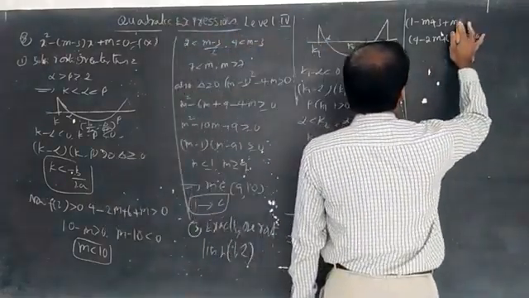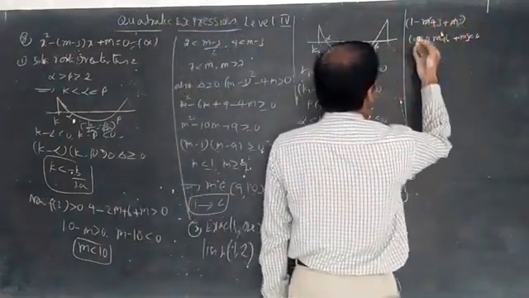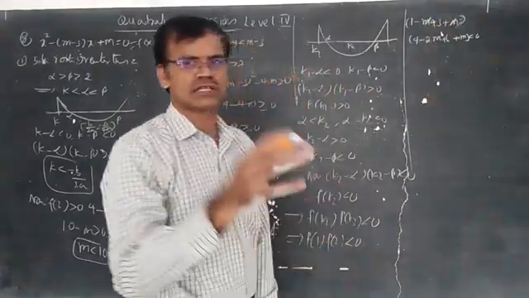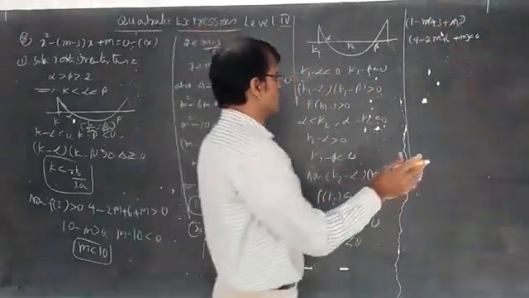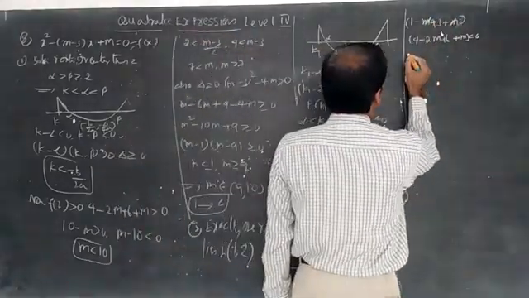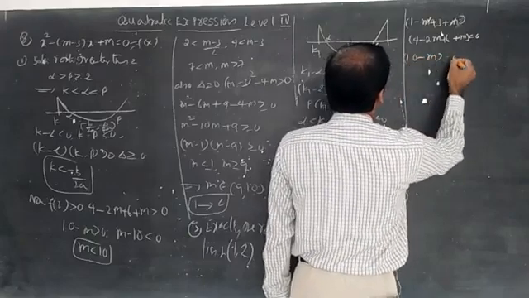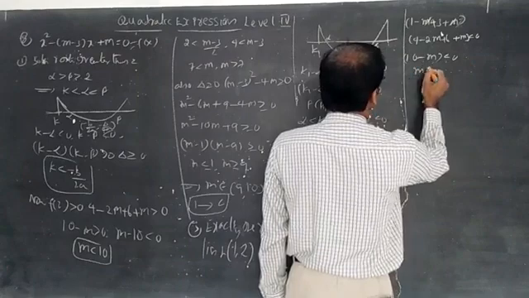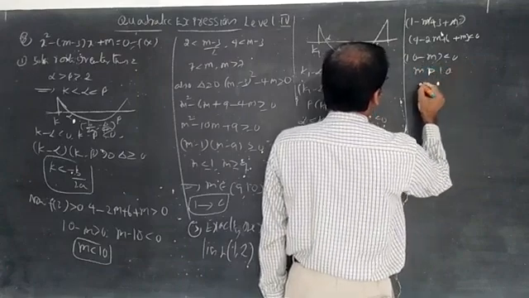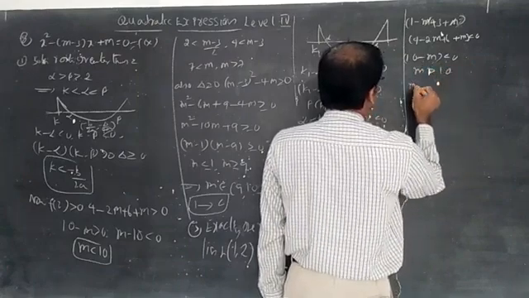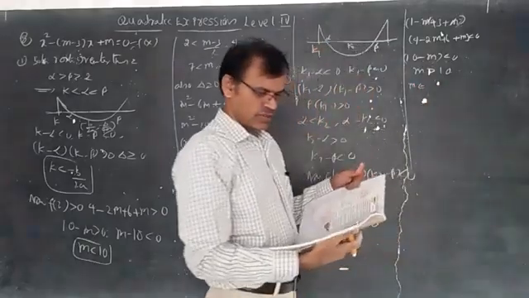So this is simply m and m will be getting cancelled. 1 plus 3, 4, less than 0, divided by 4, it becomes 0. Now you can write 10 minus m less than 0, so m greater than 10. M belongs to 10 comma infinity.